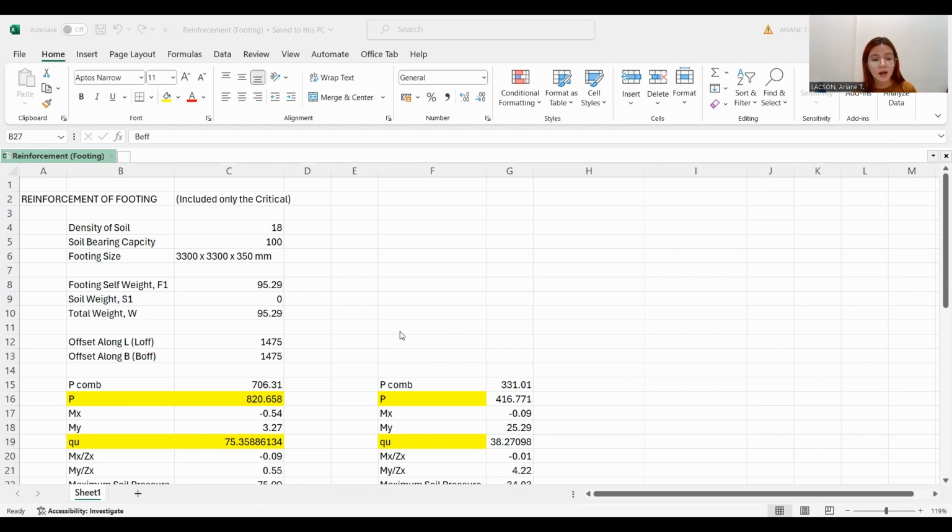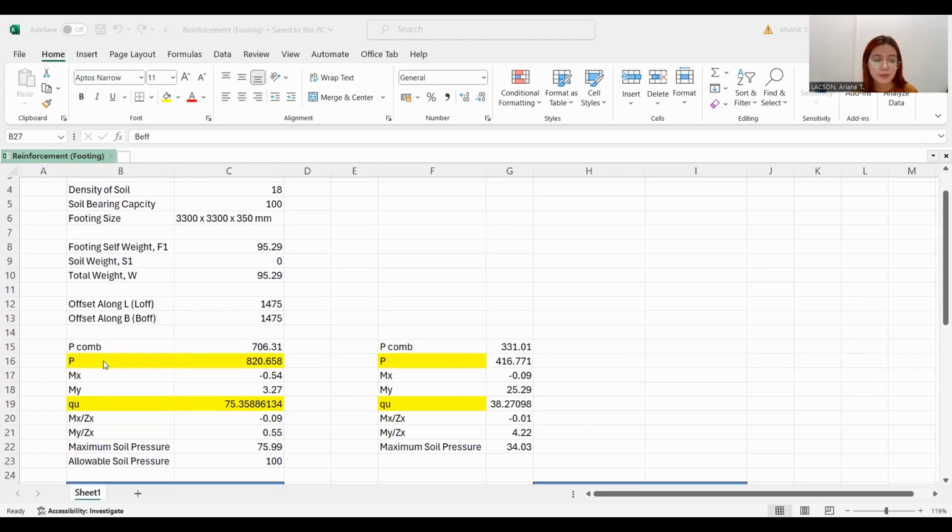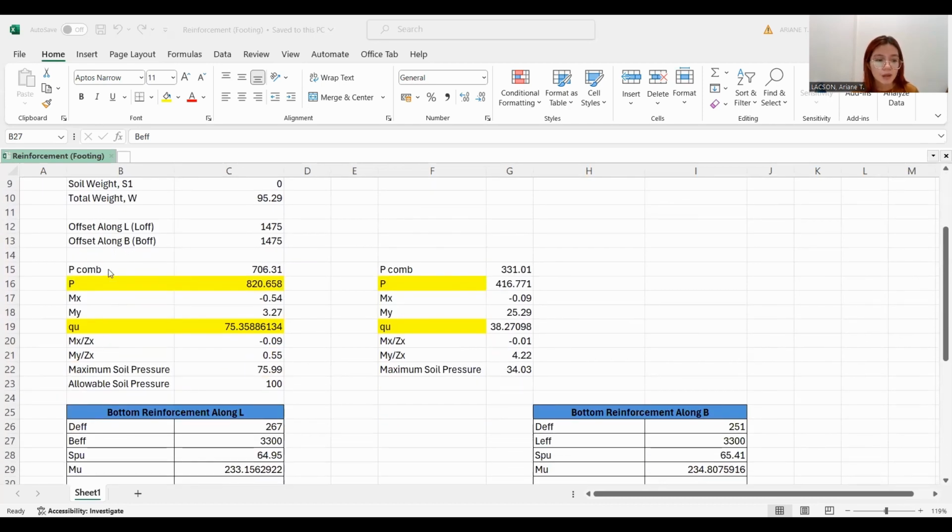The offset along L is 1.475 meters. Also the offset along B. The load combination is 706.31. The ultimate load is 820.658. And the MX is negative 0.54. The MY is 3.27.